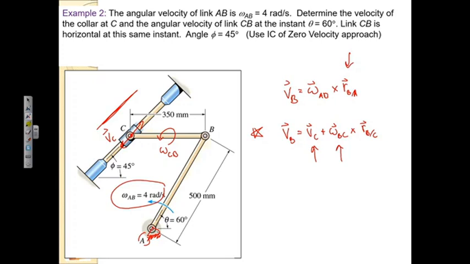So I've got 4 times a half, I get 2. My velocity of B is minus 2 sine 60 degrees in the I plus 2 cosine 60 degrees in the J. I skipped the cross product.